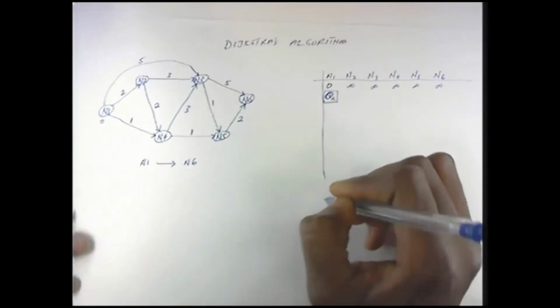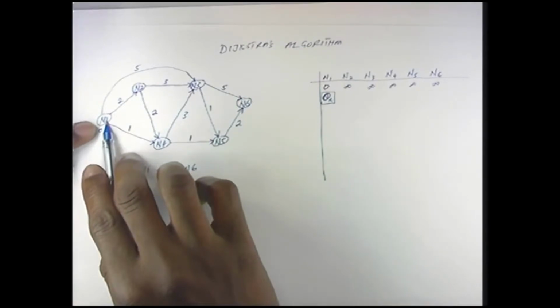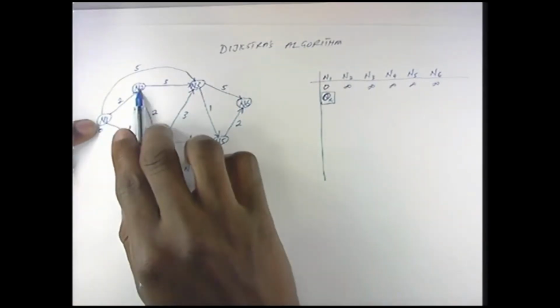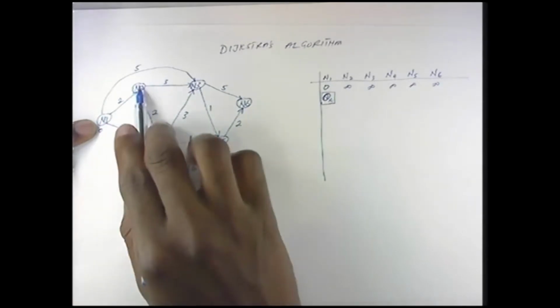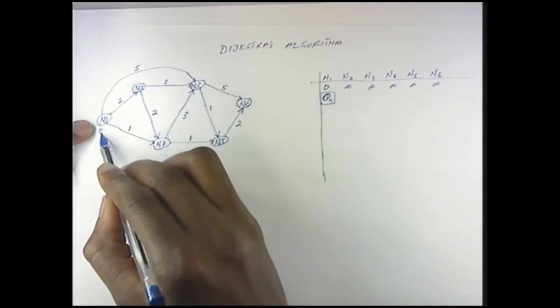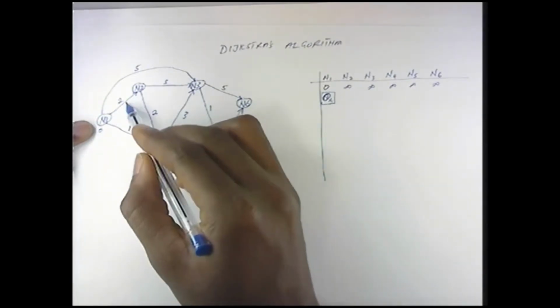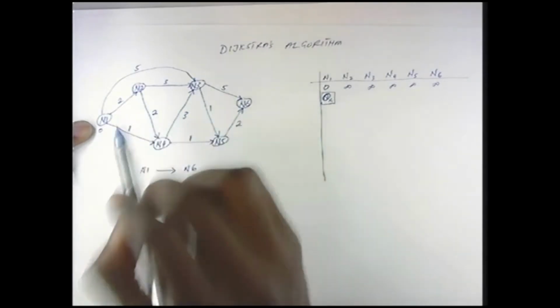Now, from node 1, if we are going to node 2, we want to calculate the cost of going to node 2. Per the algorithm, we will take the cost at node 1, add it to the cost of the link, and that will give us the cost at node 2.